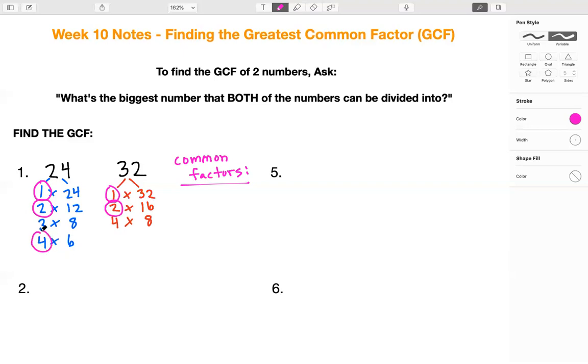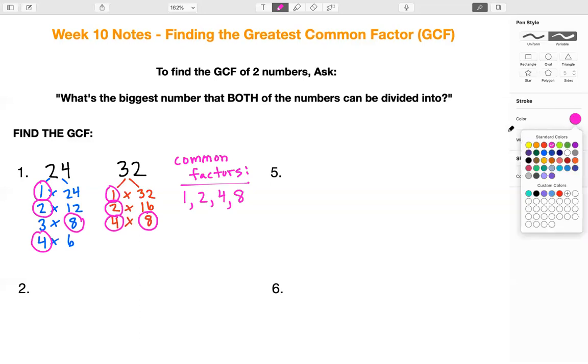How about 4? And how about 8? Okay, so we have 1, we have 2, we have 4, and we have 8. These are all common factors, numbers that I can divide both 24 and 32 by.